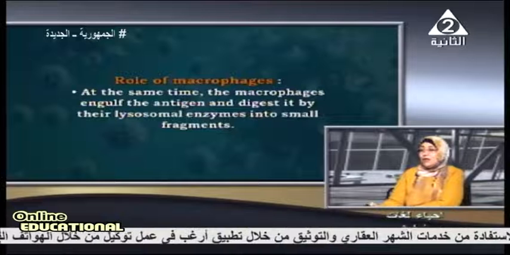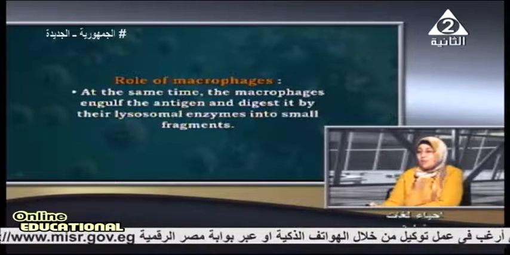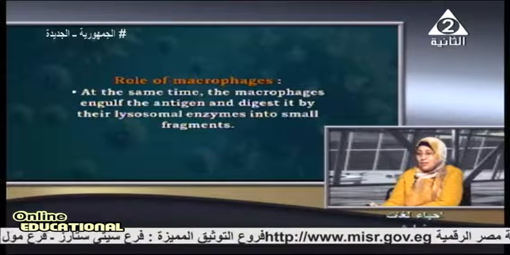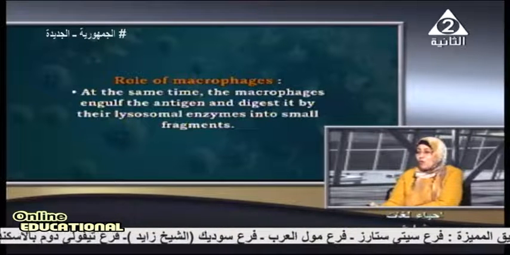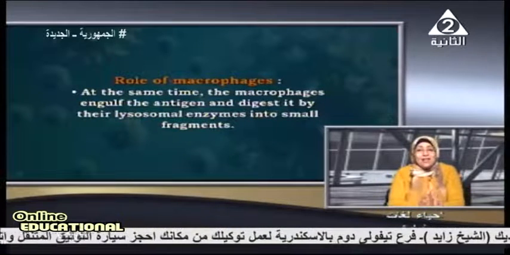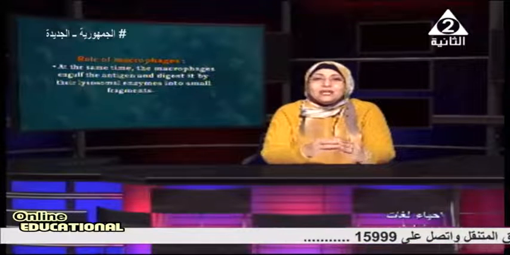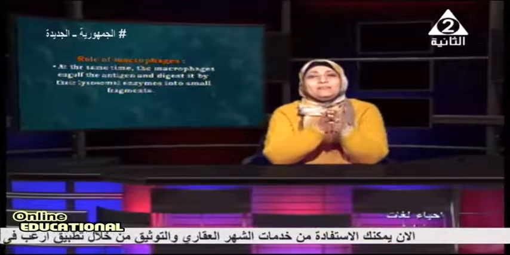What is the role of macrophage? Macrophages at the same time engulf the antigen and digest it by their lysosomal enzyme into small fragments. You know that inside the cell, each cell contains a type of lysosome. This lysosome is in the structure of the cell, and it is found in large quantity in white blood cells.